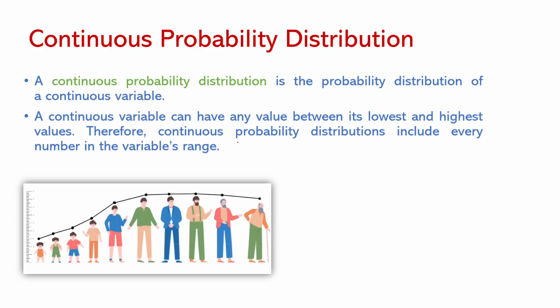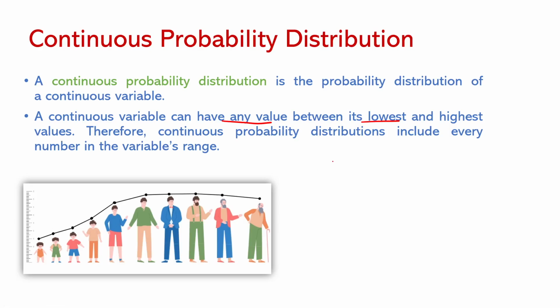Same way, the other one we have is continuous probability distribution. Here, just an example which I was talking about, heights of the students or heights of the population, it is continuous, there is no fixed value here. The outcome will always change. It can have any value between its lowest and the highest values.